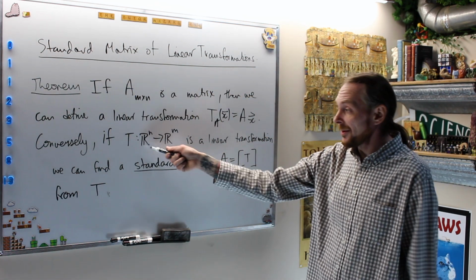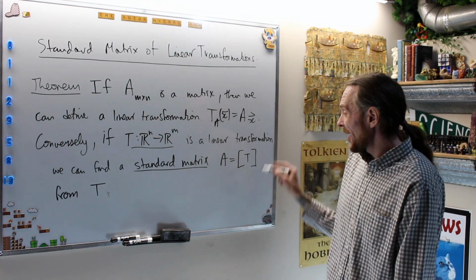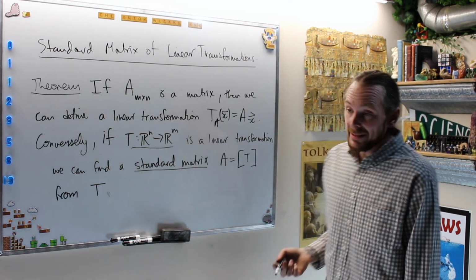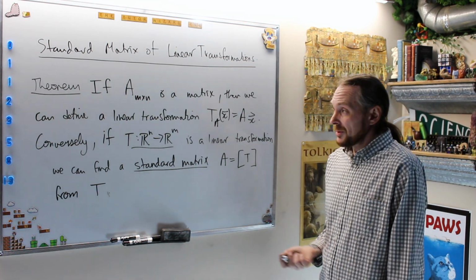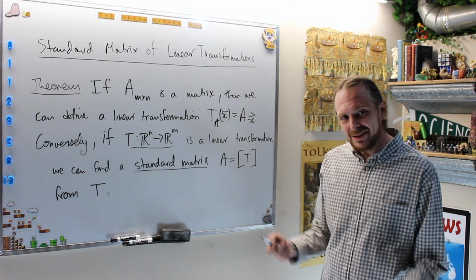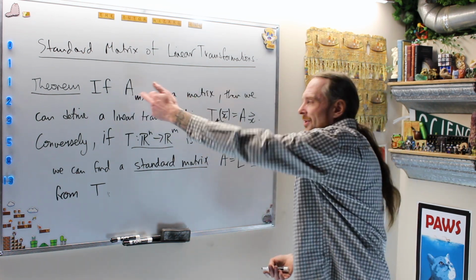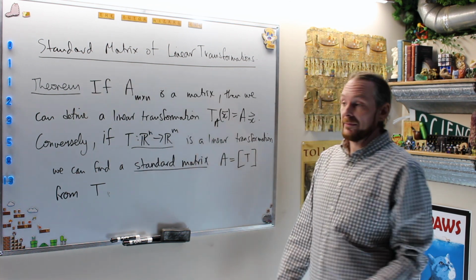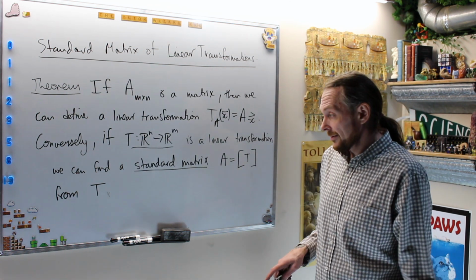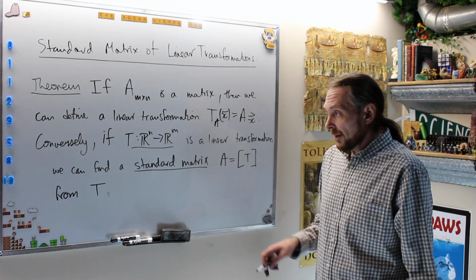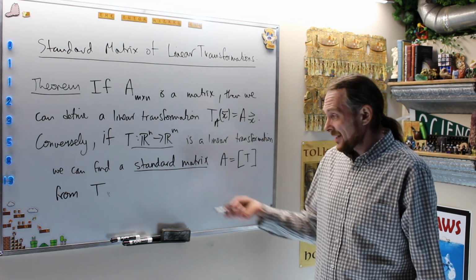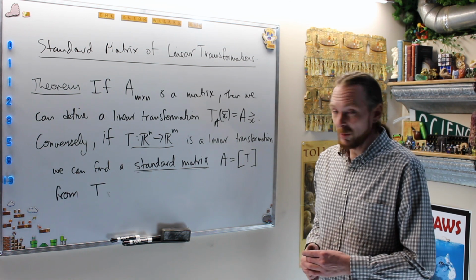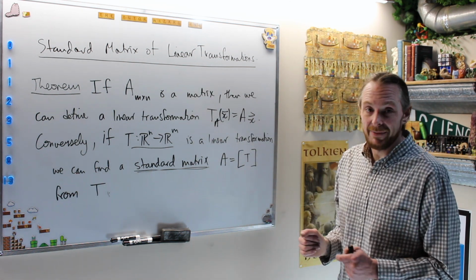Conversely, if T is a linear operator from Rn to Rm, we can find a standard matrix associated to that. What they're saying is matrices and linear transformations are essentially the same thing. If I have a matrix, I can find a linear operator. If I have a linear operator or a linear transformation, I can find a matrix from this, which we're going to denote like this. Let's do that a couple times, and then we'll state one more theorem which tells us how to find this standard matrix systematically, which will be useful in the next video.